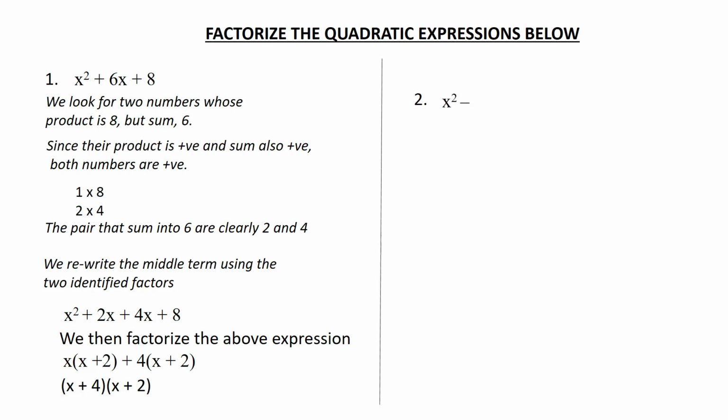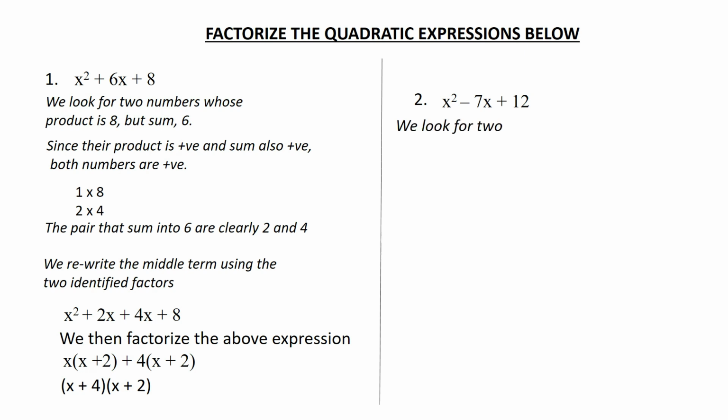Here we were given x squared minus 7x plus 12. Now we say the first thing we have to look for are two numbers. When we multiply them we get 12. When we add them we get negative 7. 12 is the constant, negative 7 is the coefficient of the middle term. If we think about it, the only way to get them is to write any two factors of 12 that multiply to give us 12.